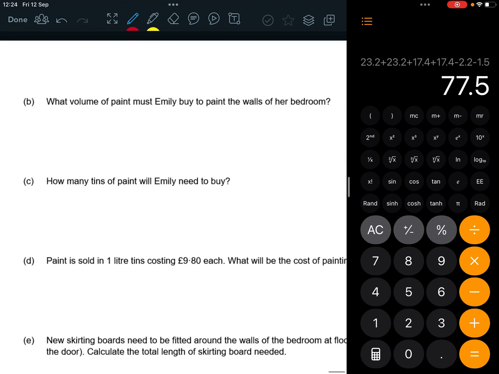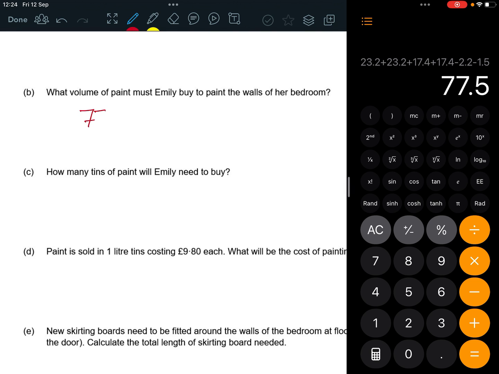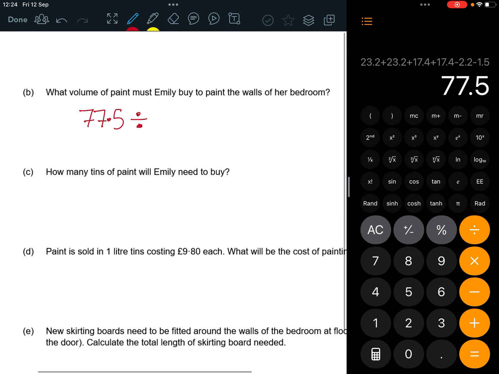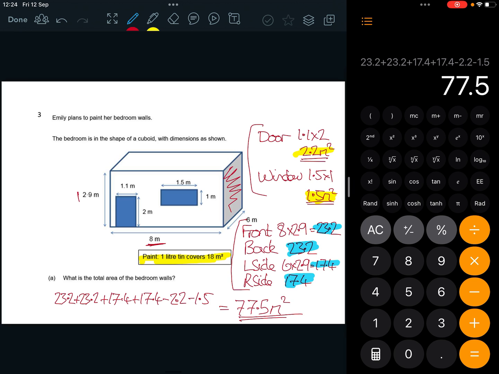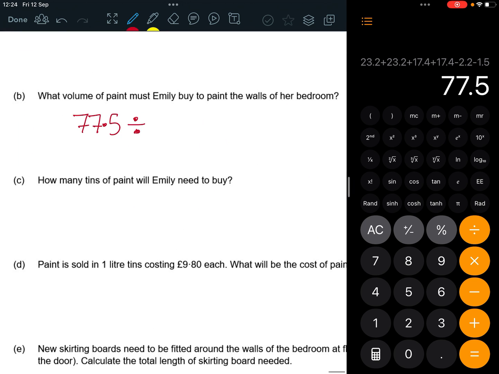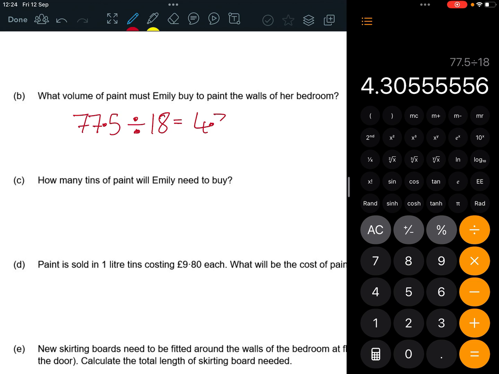We know we need to cover 77.5, and we know that 1 litre covers 18. Just double check. Yep, it covers 18, so we're just going to divide that by 18. Keep all this in the calculator, and that's going to be, we'll just say, 7.3 litres.